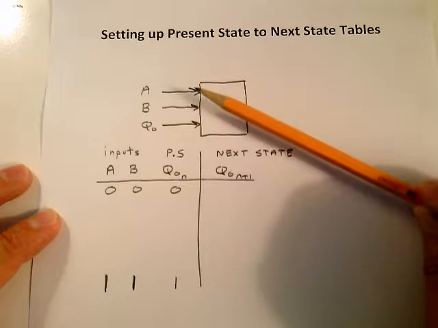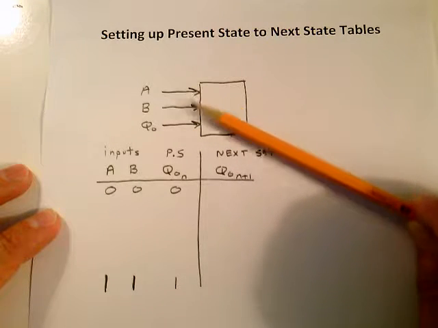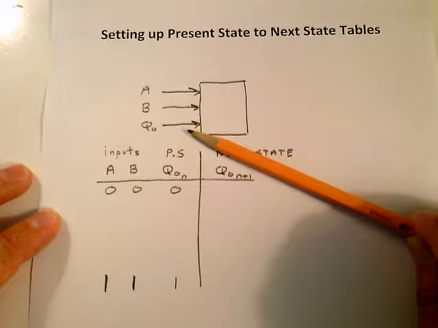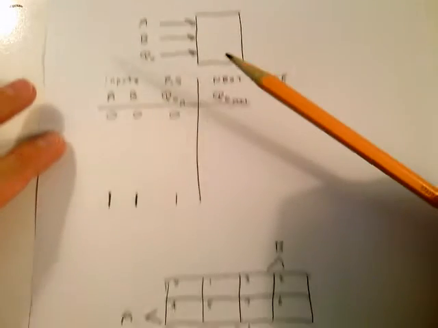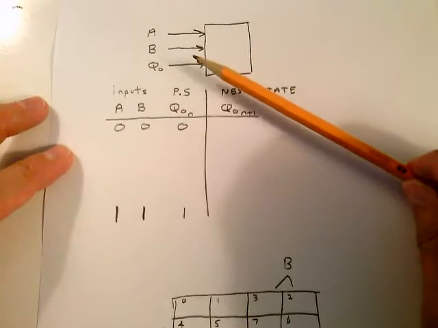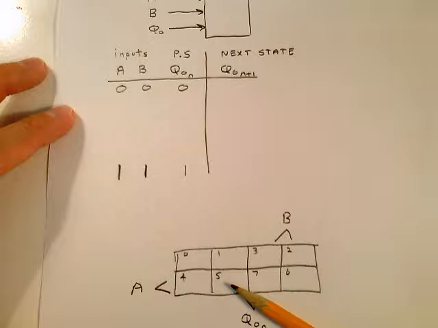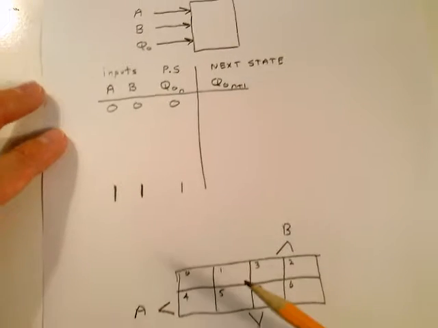So we have a total of three inputs. Notice that three inputs means we're going to use a three-variable map. So down here at the bottom, I'm going to have a three-variable map that we're going to work with. All the maps, our final output maps, our next state maps, are all going to be three-variable.